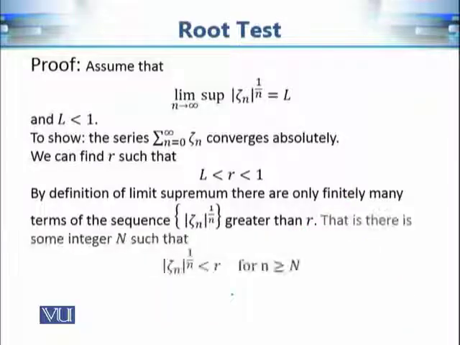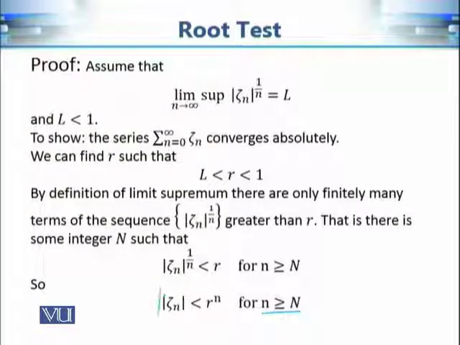Okay, so precisely speaking, after some capital N, all of the terms are going to be less than R, which implies that the modulus of ζn is less than R raised to power n whenever n is bigger than or equal to capital N.